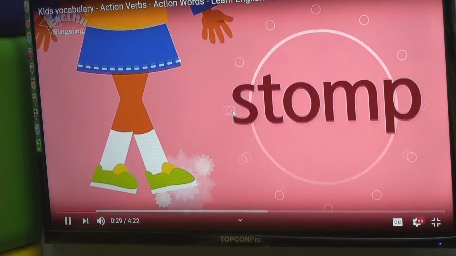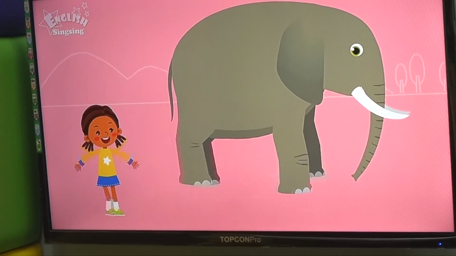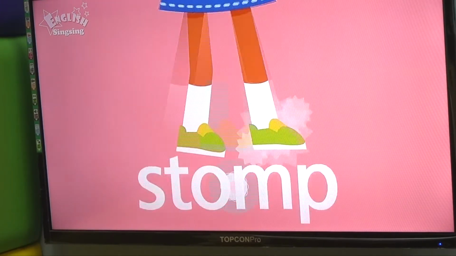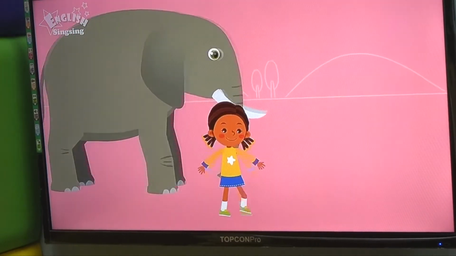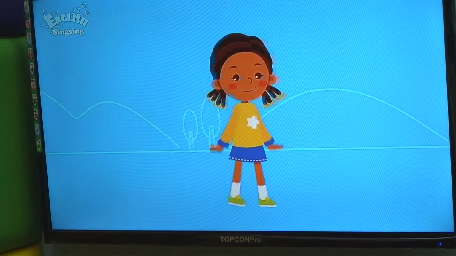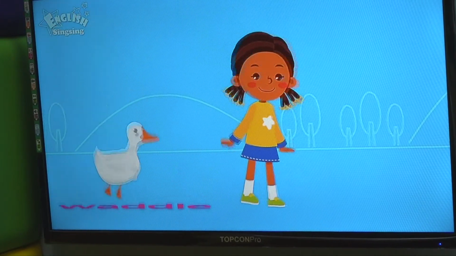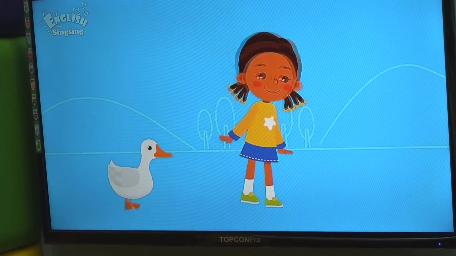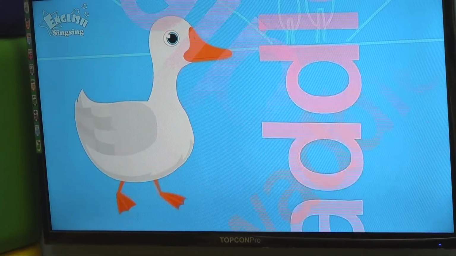Stomp. You can stomp. You Stomp. can stomp like an elephant. Stomp. Stomp. Stomp. Stomp. Stomp. Waddle. You can waddle. Waddle. You can waddle like a duck. Waddle. Waddle.